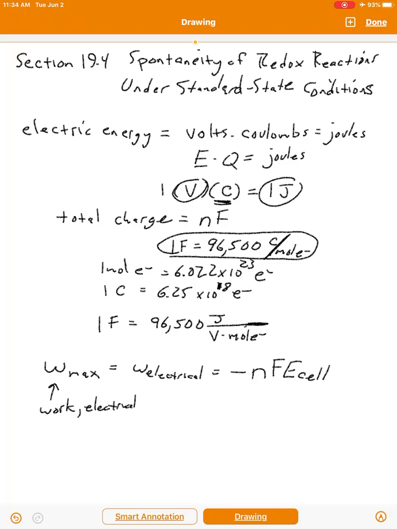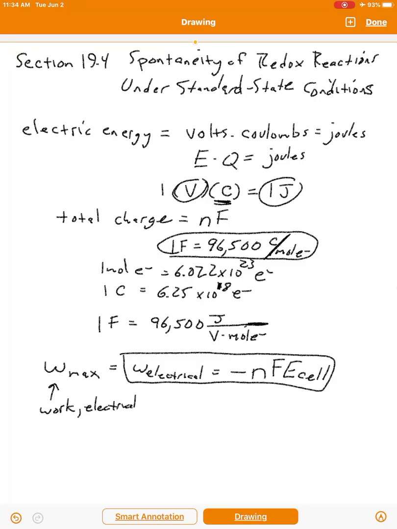And here's an important equation. This tells us that the maximum amount of electrical work that we can pull out of an electrical circuit like a galvanic cell is equal, or proportional I should say, to the cell potential.